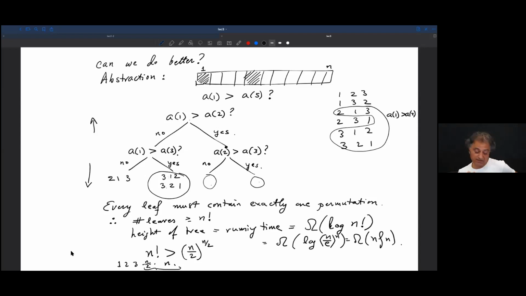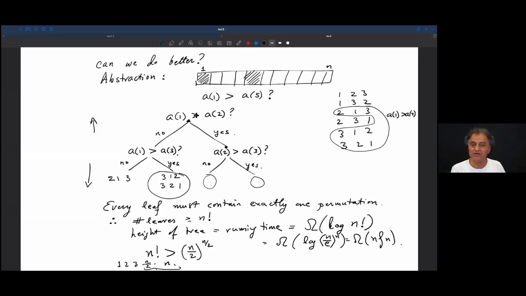Why is the height of the tree equal to the running time? Well, what does a tree represent? It represents every possible execution of this algorithm.